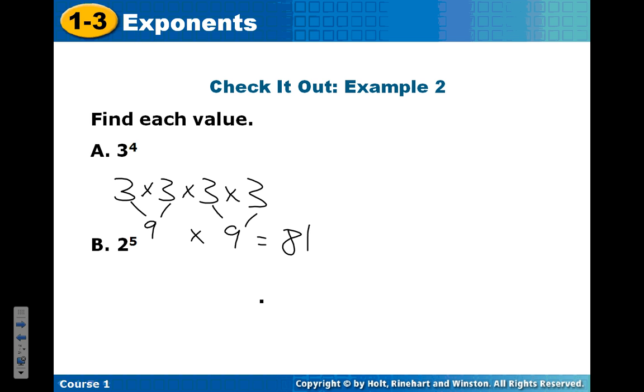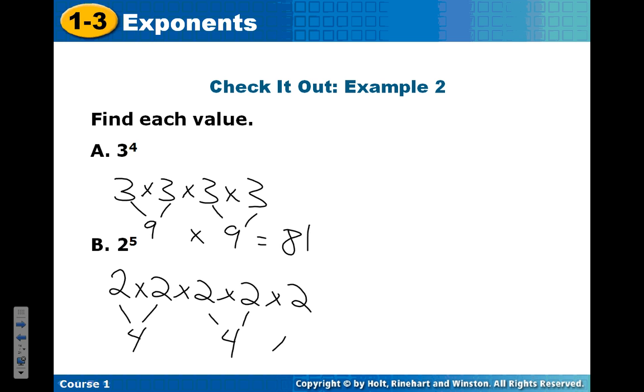Okay? So we have 2 to the 5th, which means what? Two times 2 times 2 times 2. Perfect. 2 times 2 is 4. 2 times 2 is 4 times 2. 4 times 4 is 16.